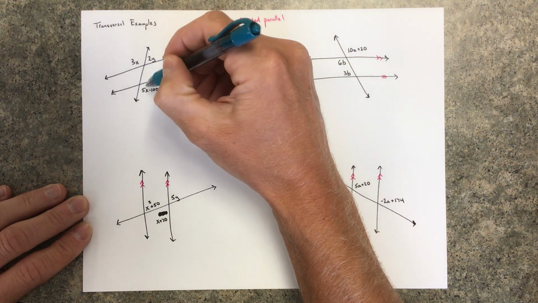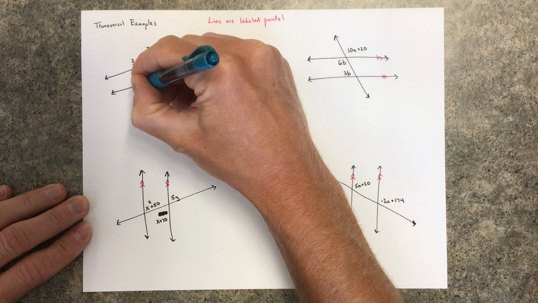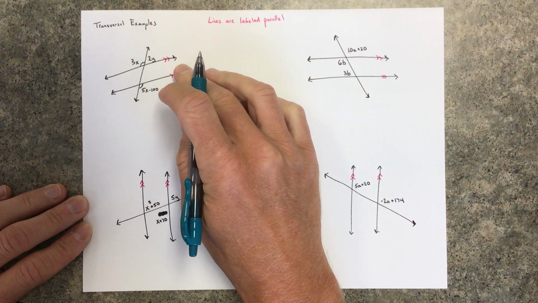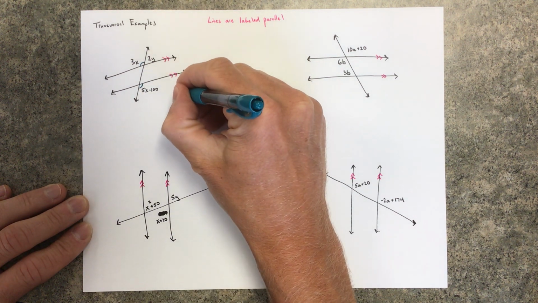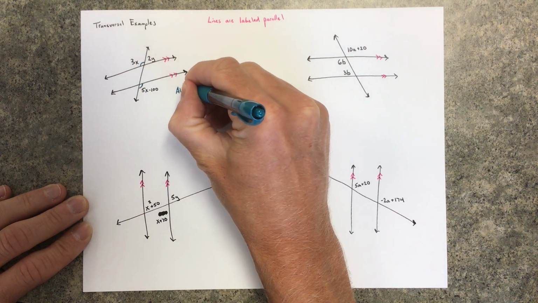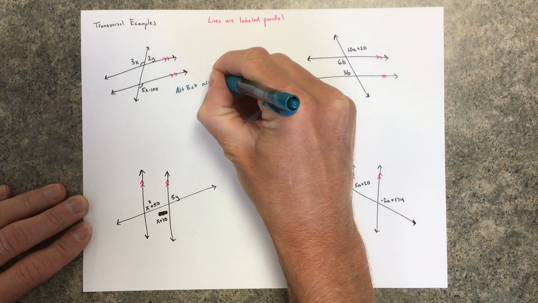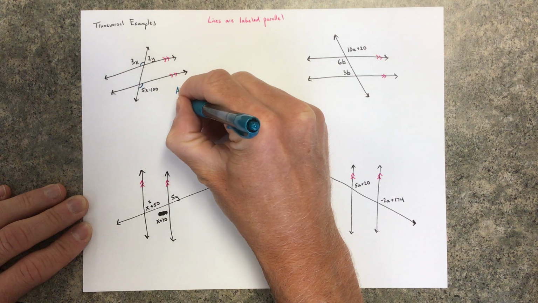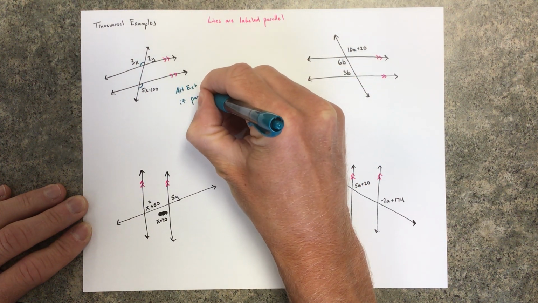But this angle and this angle, if the lines are parallel, then I know those are congruent because those are alternate exteriors. Alternate exteriors are congruent if the lines are parallel. And I know they're parallel.